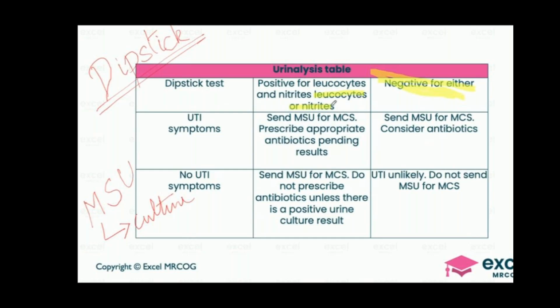When you say negative for either, that means one of them could be positive, isn't it? So if one of them is positive, it is as good as negative. It has to be positive for both for you to send urine culture in case there are no symptoms of UTI.